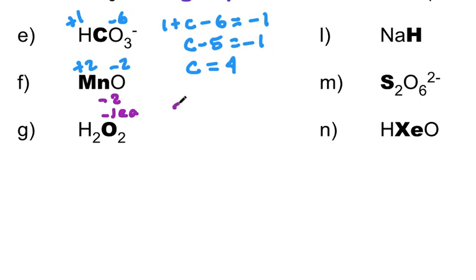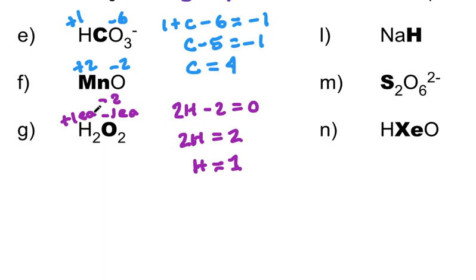So 2 hydrogens minus 2 must make 0. Add 2 to each side. The 2 hydrogens must be giving us a total of +2. Divide by 2. Each hydrogen must be giving us +1. So these hydrogens are +1 each.